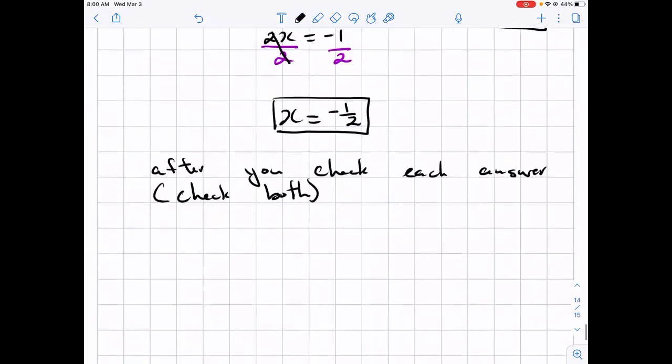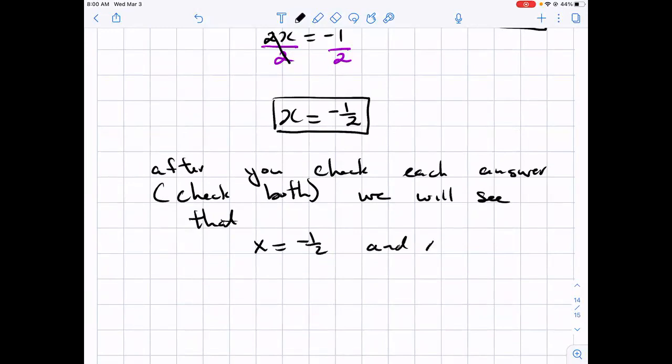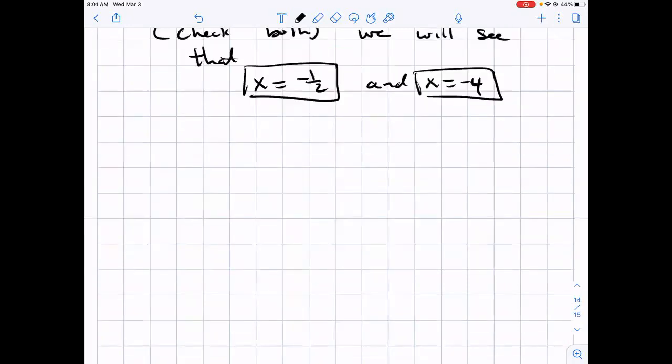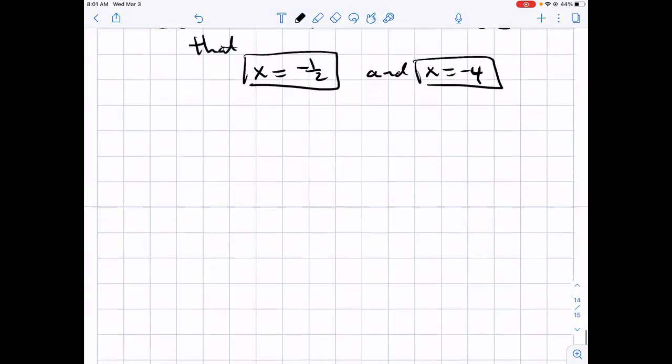We will see that x equals -1/2 and x equals -4 are solutions. This is something you're going to see. So let's look at another example.